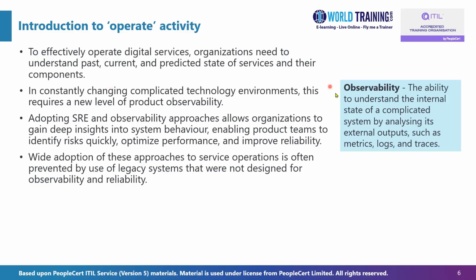On the right, we have: the ability to understand the internal state of a complicated system by analyzing its external outputs, such as metrics, logs, and traces. What this means is it makes us understand how the system works based on the information it produces. So we are going to capture the information it produces, and that will give us a good understanding of how the systems, components, applications, infrastructure, whatever, are working.